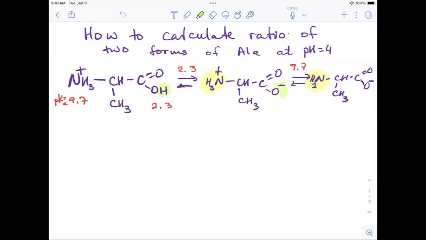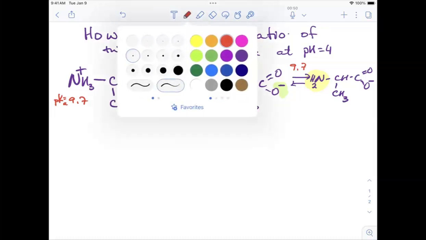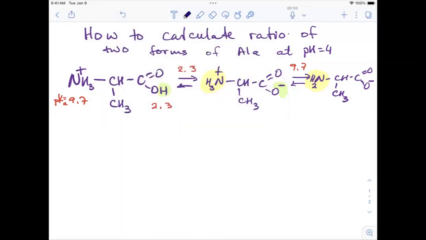All right, so we need some way to refer to these different forms, so let's just name them. What's the net charge on this form? Here we have a positive charge and no charge, so the net charge is going to be +1.